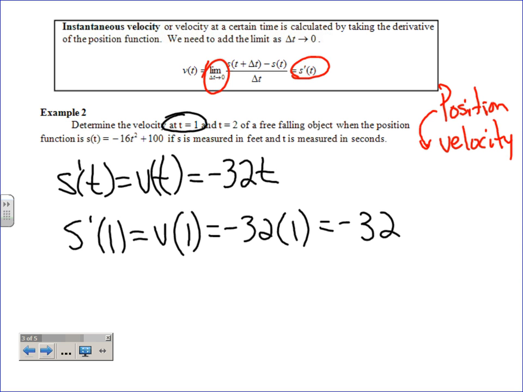Negative 32 what? Feet per second. Why not feet per second squared? Because we only took the derivative with respect to time once. Velocity is position with respect to time, just one time.